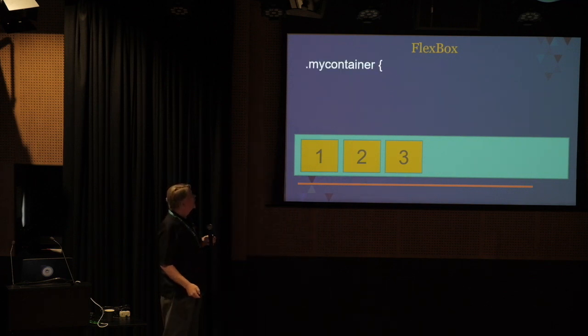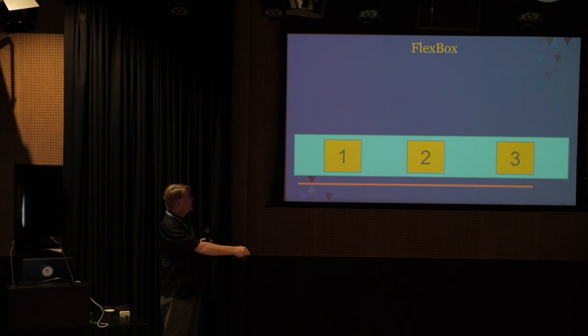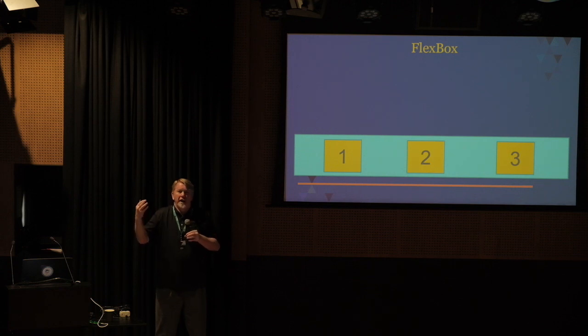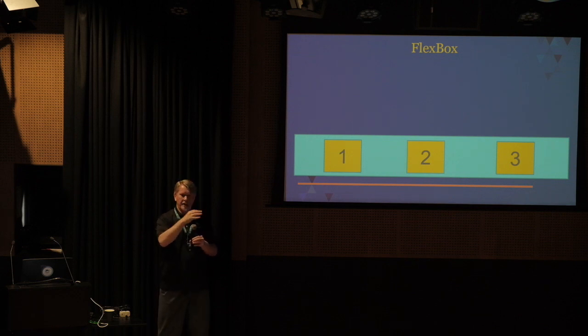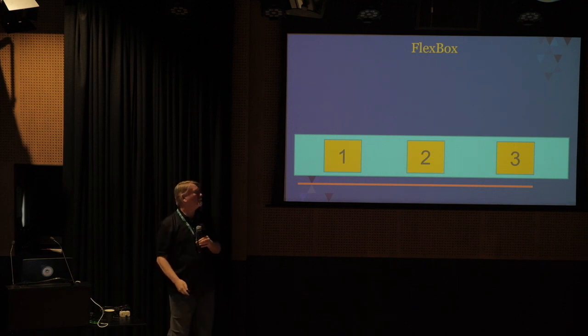Well, now I can just write display: flex and boom, it's equidistant. One command. The first time I saw this, I about fell out of my chair. You don't want to know how many hidden divs and extra CSS it took just to do something that simple even 2 years ago.